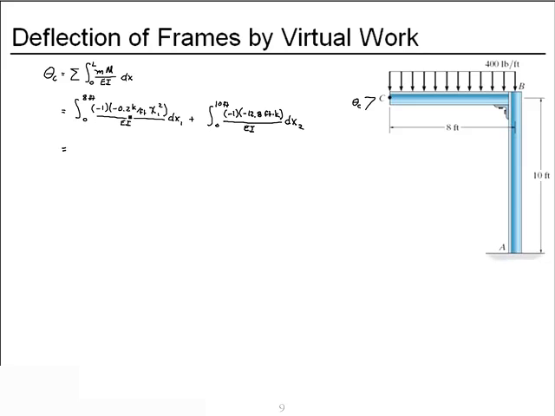Two negatives cancel, so we get a 0.2 kip per feet. x1 is elevated to the third power, and therefore we have to divide by 3, and we'll evaluate that from 0 to 8 feet. We'll add to that, the negatives cancel, so we get a positive 12.8 foot kips.